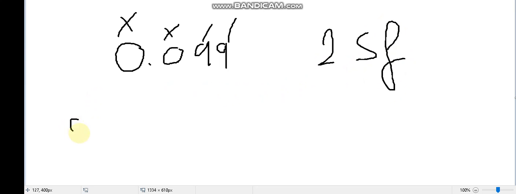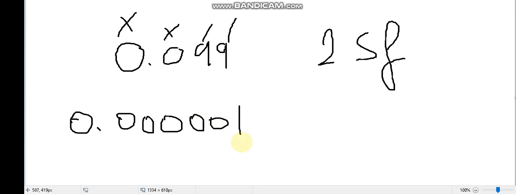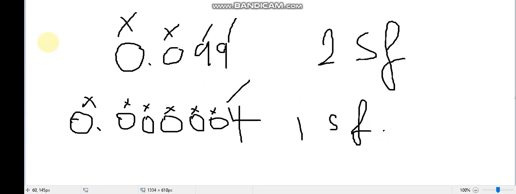Let's assume, for example, I have 0.0000004. So this is not counted, this one also, this one also, this one also, only the 4 counts. So I have one significant figure.